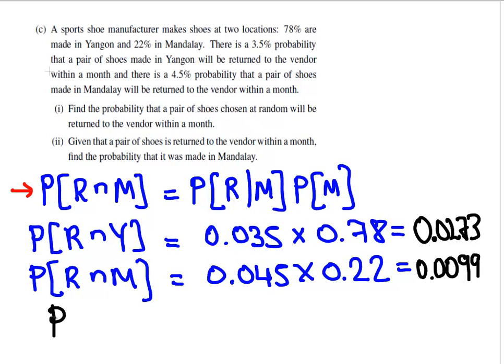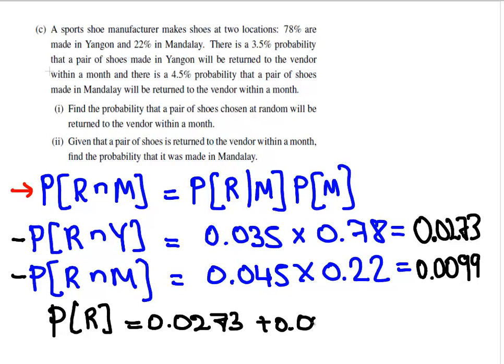Okay, so when we add them together, probability of R is equal to this one and this one added together, that is 0.0273 plus 0.0099, and that is equal to 0.0372. So that is the answer to the first one.